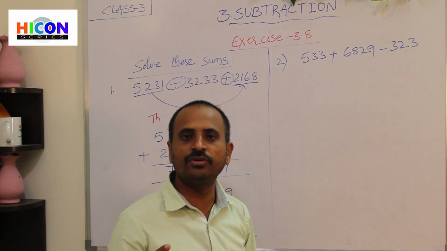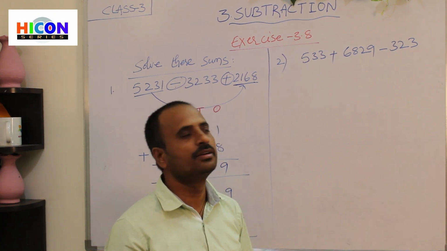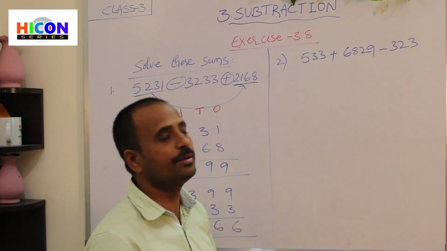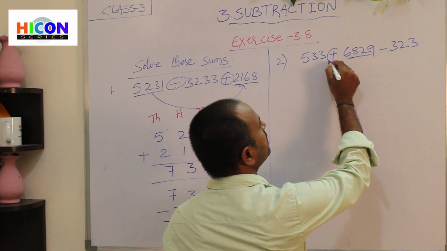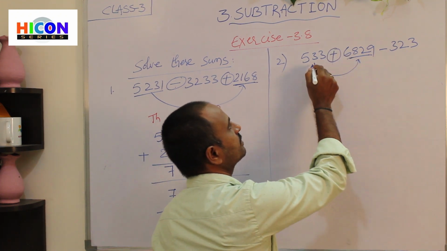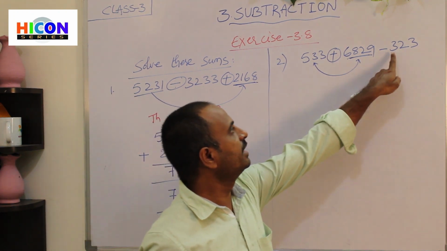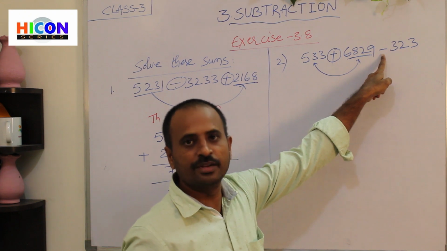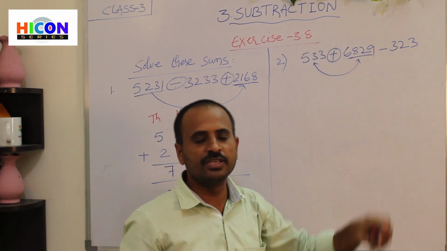First we have to add the numbers which have a plus sign before them. Which numbers have a plus sign before them? 533 and 6,829 have a plus sign before them. So first add these 2 numbers. And 323 has a minus sign before it, so subtract 323 from the sum.